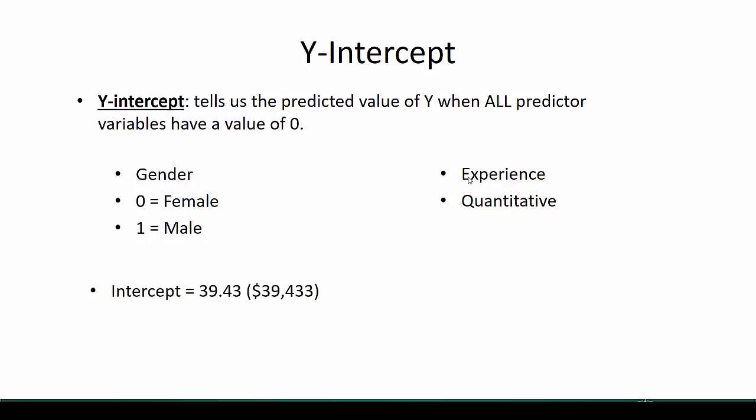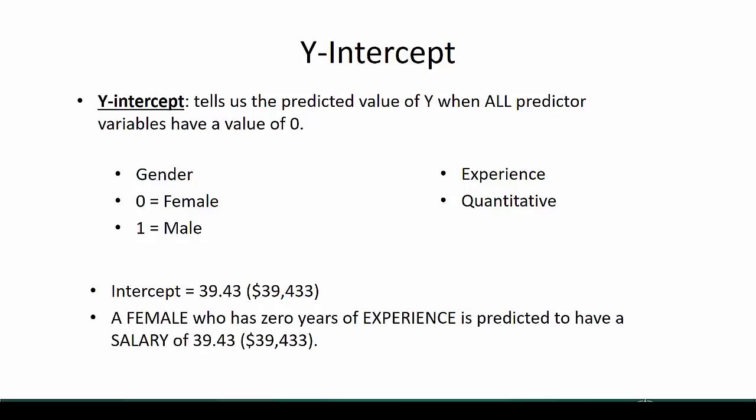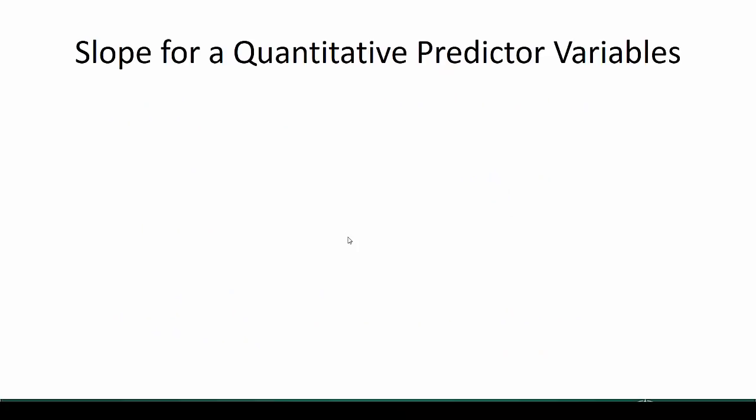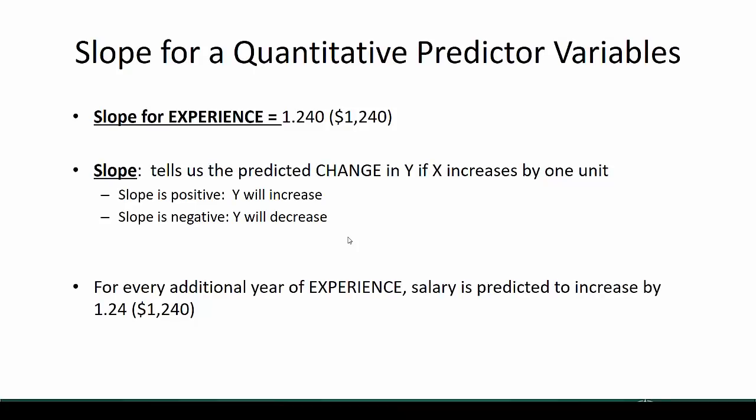Our y-intercept was 39.43, or 39,433. So this means that a female, a value of 0 for gender, who has 0 years of experience is predicted to have a salary of $39,433.